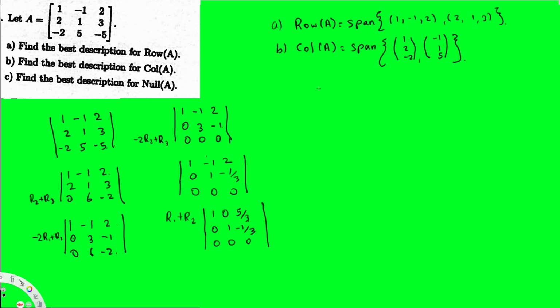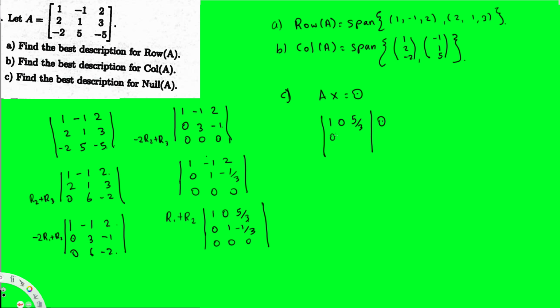The third question is asking to find the best description for the null space of A. To do this one, I have to bring this into a null space setup. So null space is basically Ax equals 0, which means if I bring in this Gauss-Jordan form, it's going to be 1, 0, 5 over 3, and on the other side we are going to have 0. And the same thing goes for all the rows.